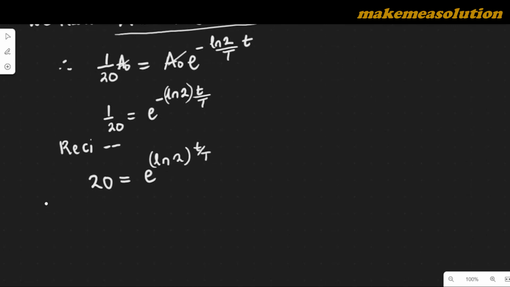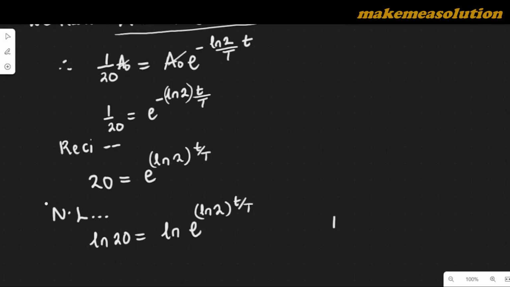So taking the natural logarithm of both sides gives me ln 20 is equal to what? We now have exponential ln 2 multiplied by t over T. Is that okay?